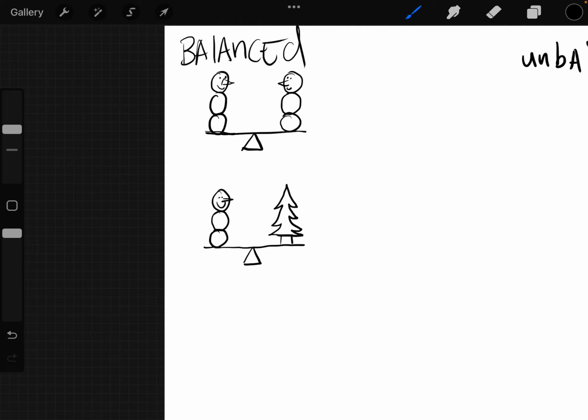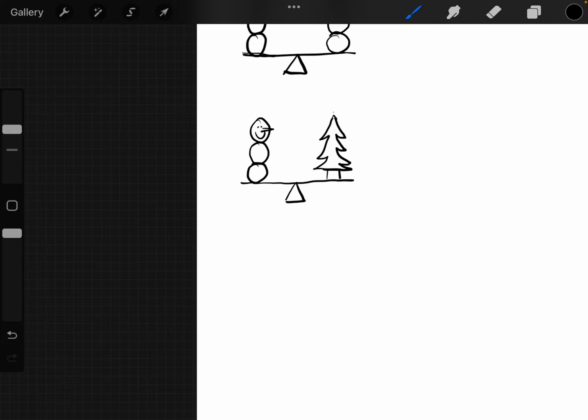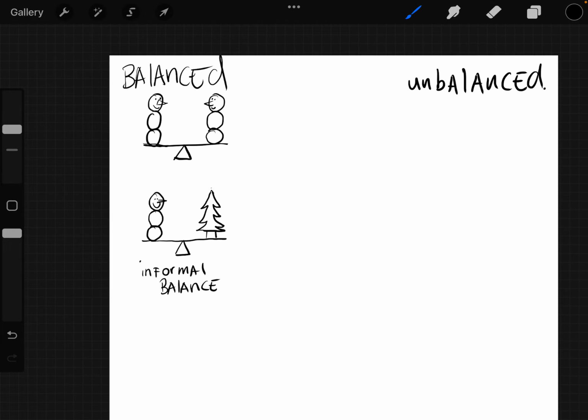Then this is not the same, but it takes up roughly the same amount of space on both sides. So even though it's not exactly the same, it weighs sort of the same. So that is also balanced. We call this informal balance. And that is a big deal, right?